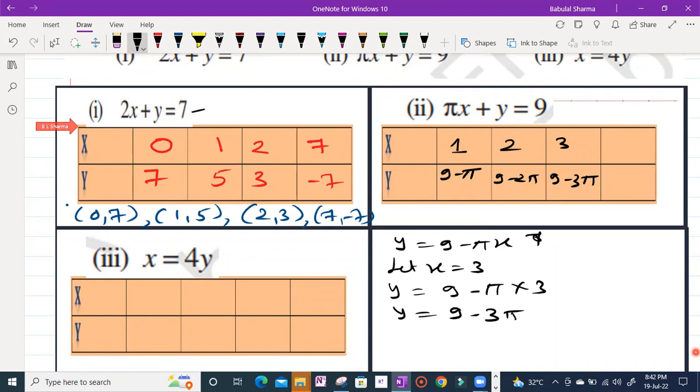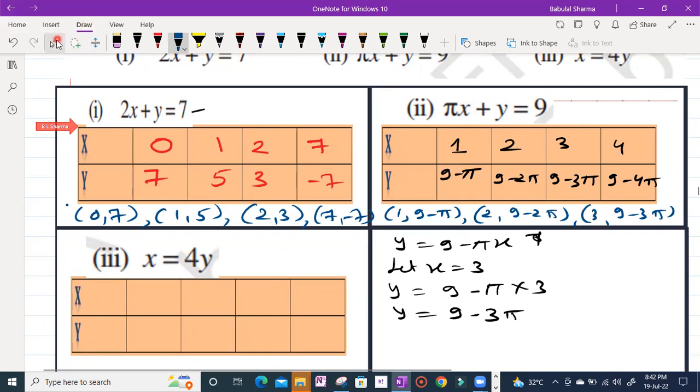Similarly, when the value of x is 4, the value of y will be 9 minus 4 pi. So solutions are, first one solution is 1, 9 minus pi. Second solution we can say 2, 9 minus 2 pi. Third solution is 3, 9 minus 3 pi.